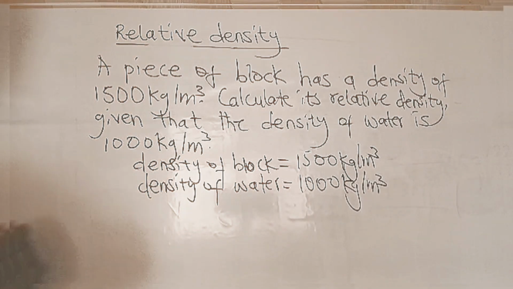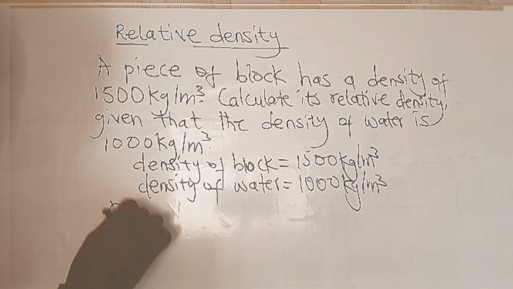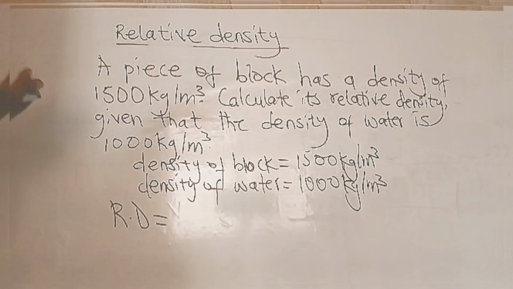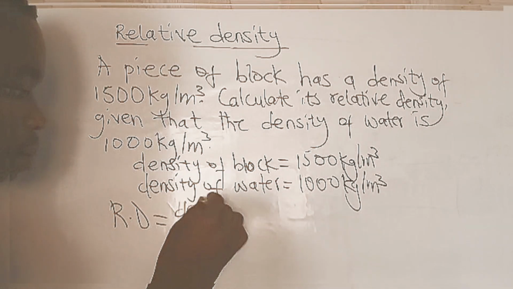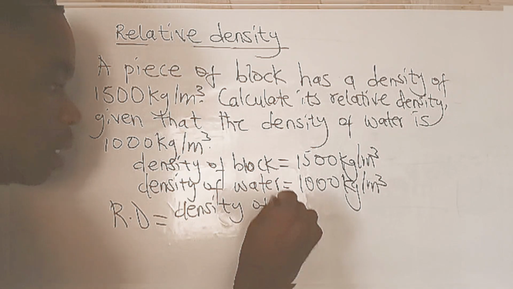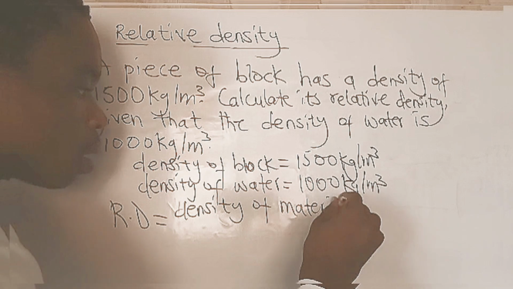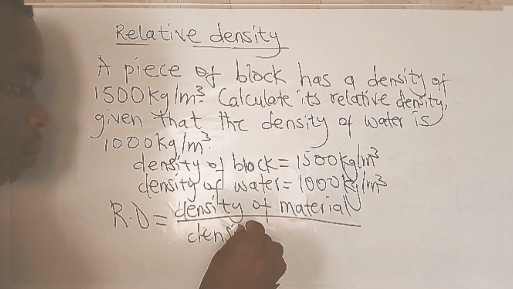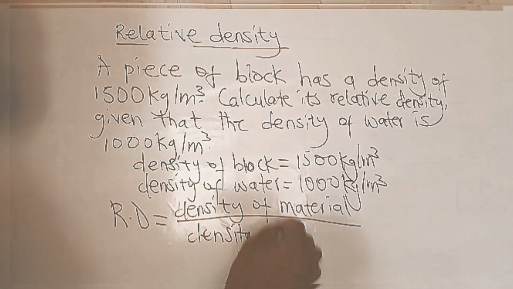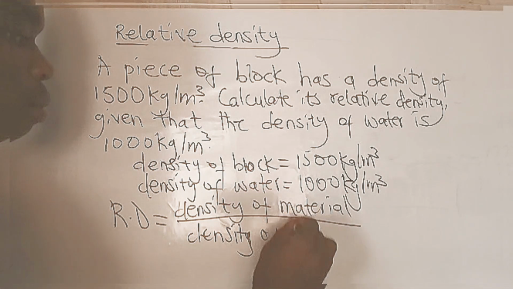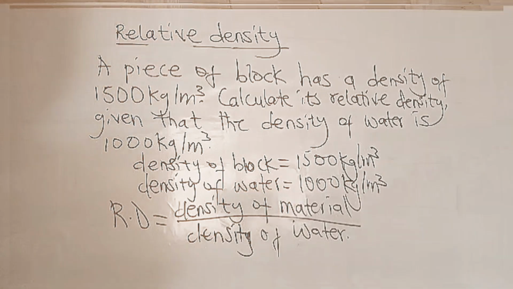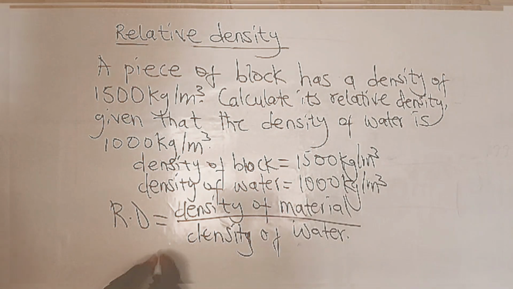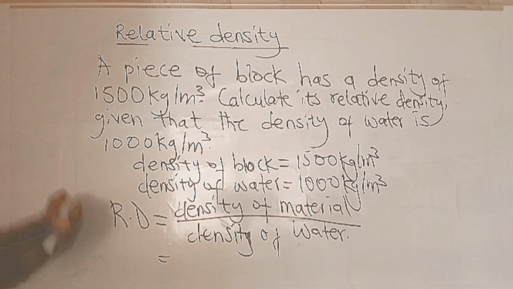Now we know relative density is equal to the density of the material divided by the density of water. Our material is a block and the density of water is 1,000.